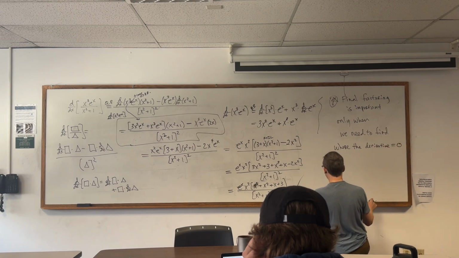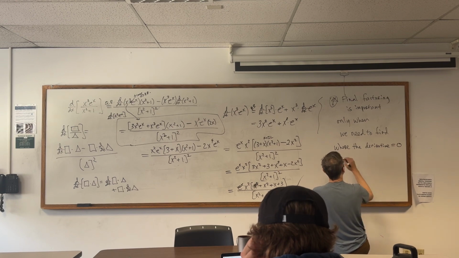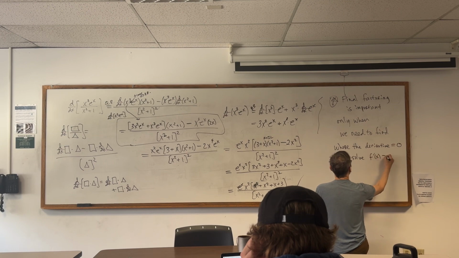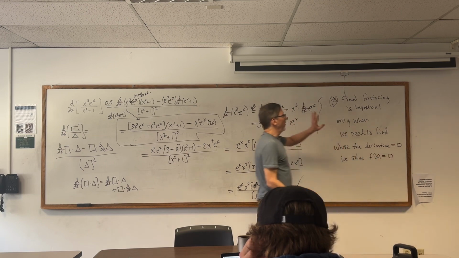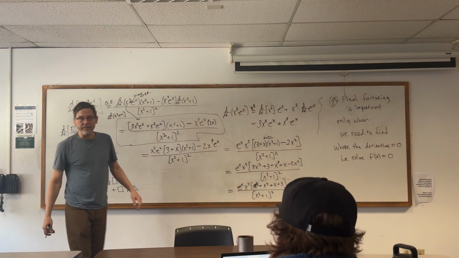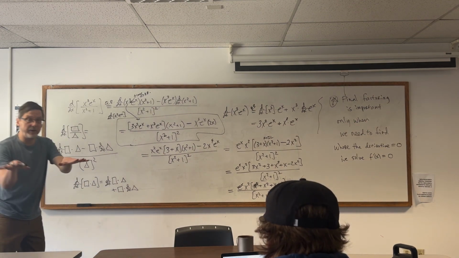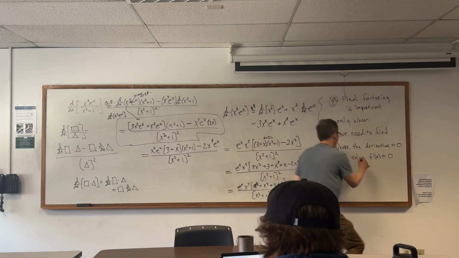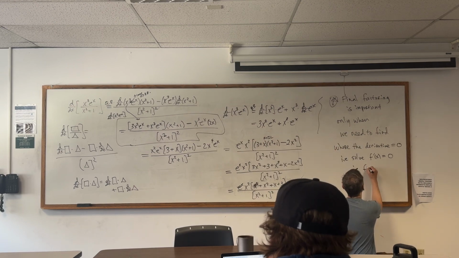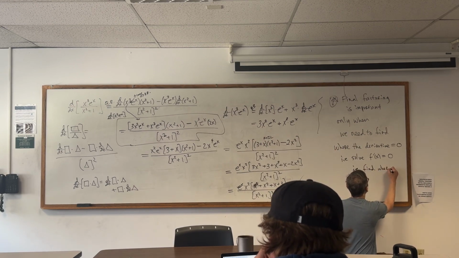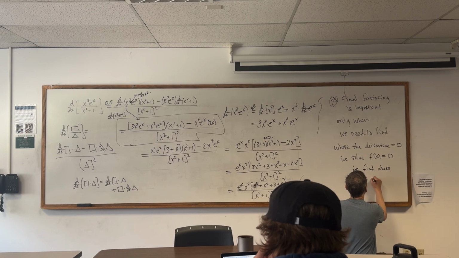And we will have to do that often. So where the derivative equals 0, i.e. solve f prime of x equals 0. Otherwise, don't factor. So in those questions where it's like, where is there a horizontal tangent? i.e. find where there is a horizontal tangent.